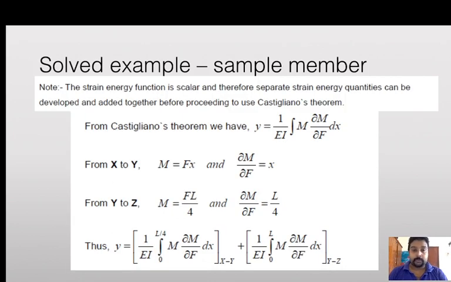So from x to y, M equals Fx and ∂M/∂F is x, because we differentiate with respect to F. From y to z, the moment is a constant value, so ∂M/∂F equals L divided by 4. The displacement is the integral from 0 to L/4 of M ∂M/∂F dx plus the integral from 0 to L of the same, so you have an x to y component as well as a y to z component.